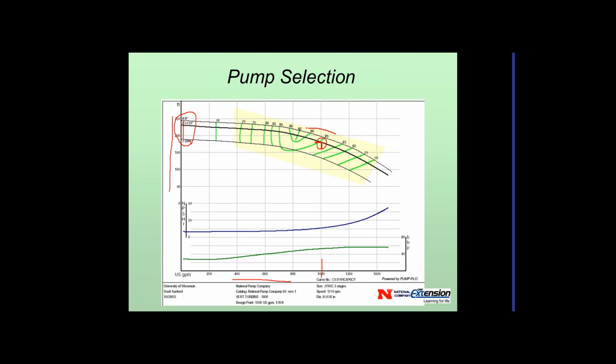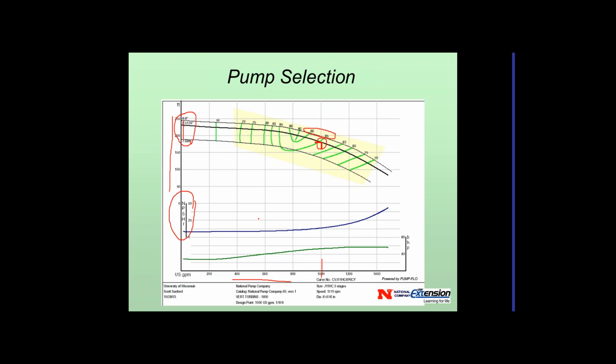These green lines up here, those are efficiencies. So I've got 85% there. It's a little less than that. This is 83. So it's going to be 84, 84 and a half probably, somewhere in that range for efficiency. The other thing we've got down here is net positive suction head required.